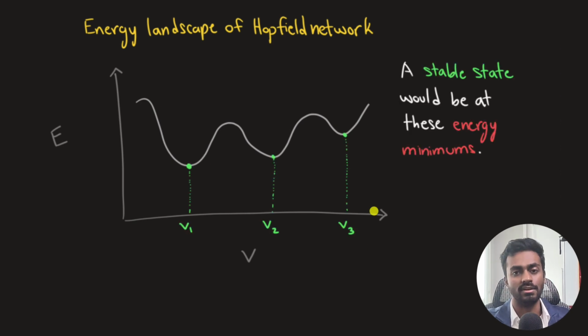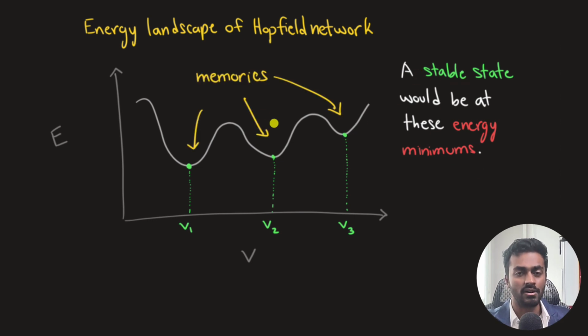So what's important to note is that at these energy minimums over here, these are stable states, and these energy minimums are going to correspond to actual memories that were stored.